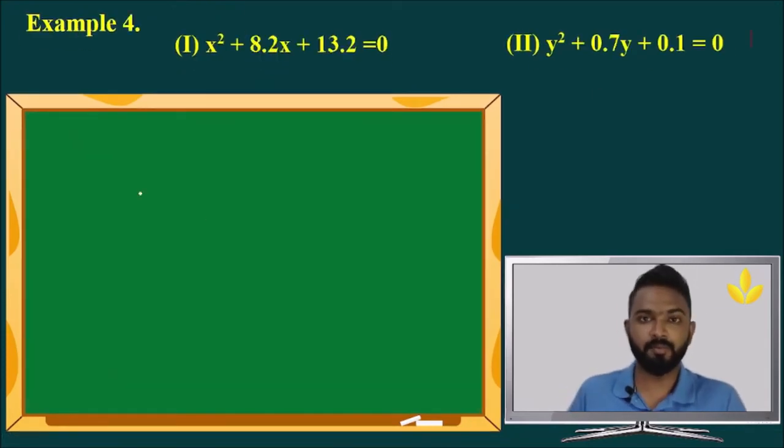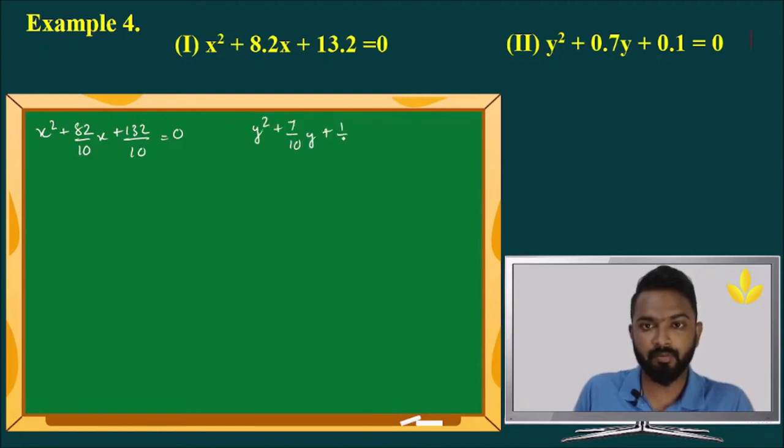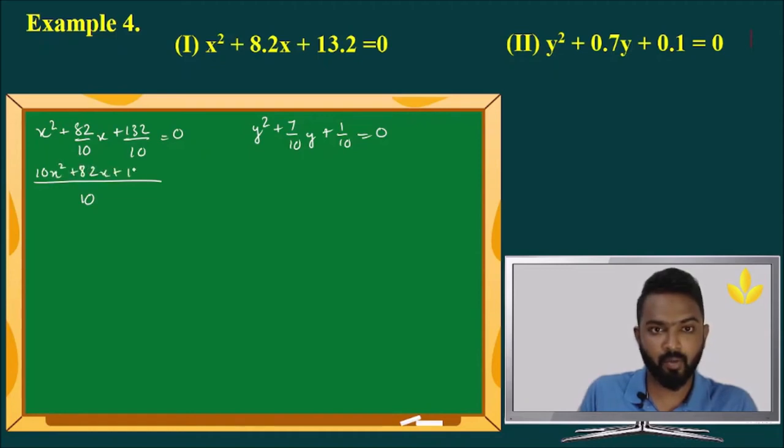Question number 4. Very similar to the previous question. X square plus 82 by 10x plus 132 by 10 equals 0. And we have y square plus 7 by 10y plus 1 by 10 equals 0. LCM 10. We have 10x square plus 82x plus 132 equals 0.